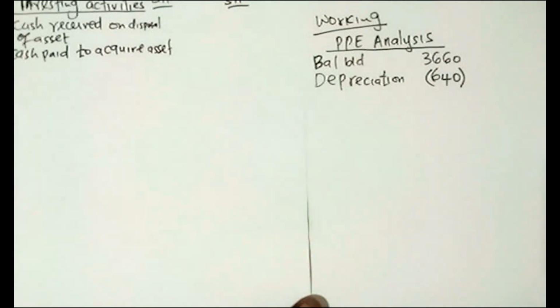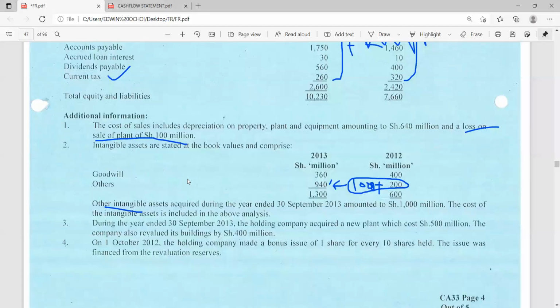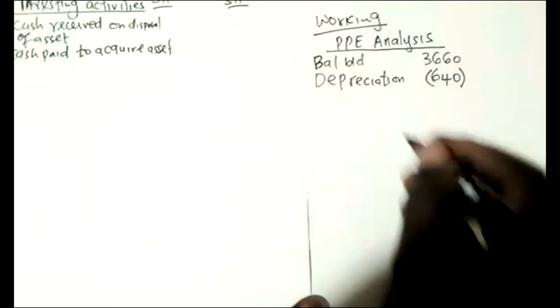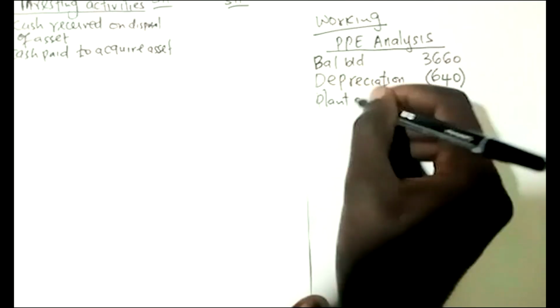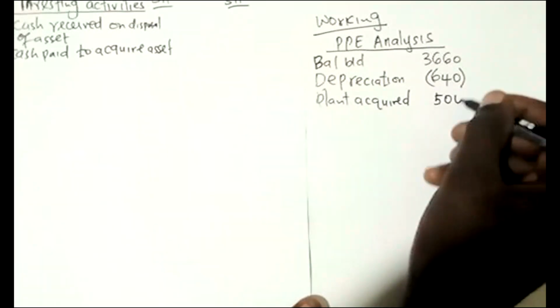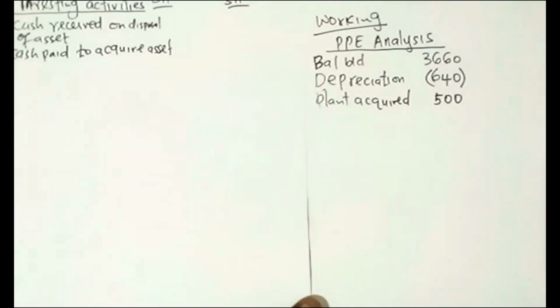Additional information number two is intangible assets; they cannot affect your PPE. Number three, the holding company acquired a new plant, which costs 500. So plant acquired at 500.